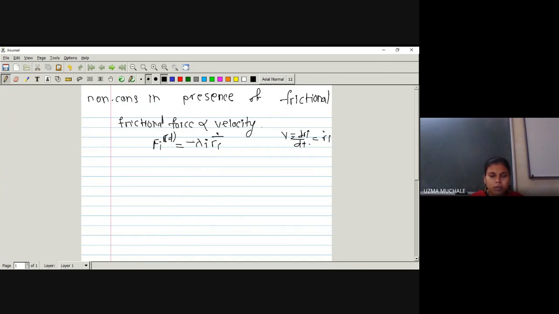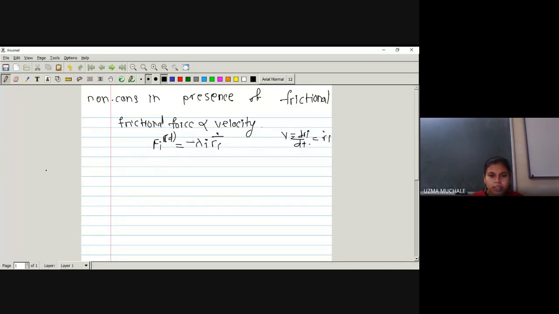So what we can say now, this dissipative force is exactly equal to minus lambda_i r_i dot. This proportionality constant we have replaced with the constant term lambda_i, and r_i dot is the velocity as it is. This negative sign is due to the frictional force. Whenever it exists, we apply the force in the opposite direction.